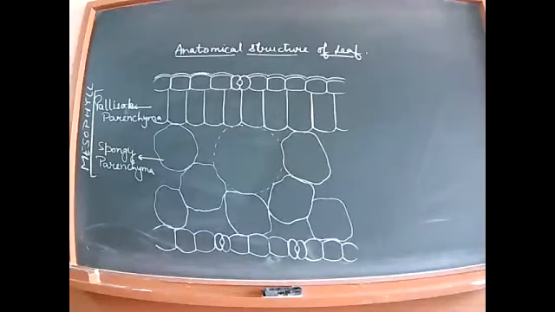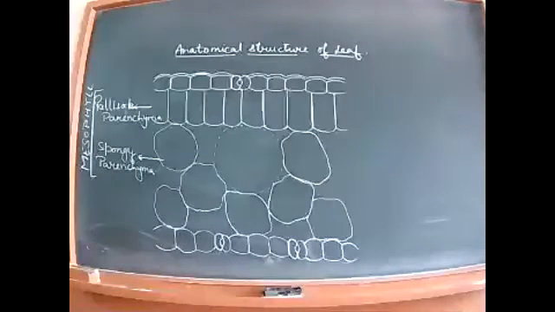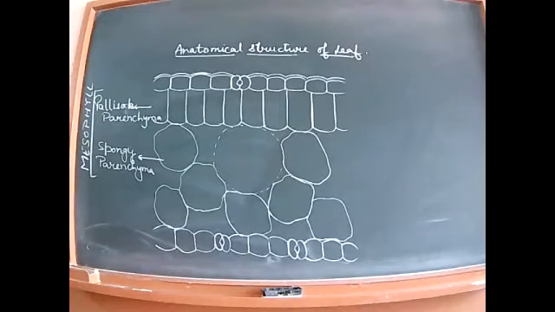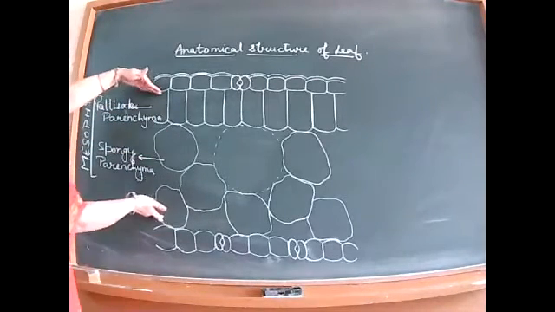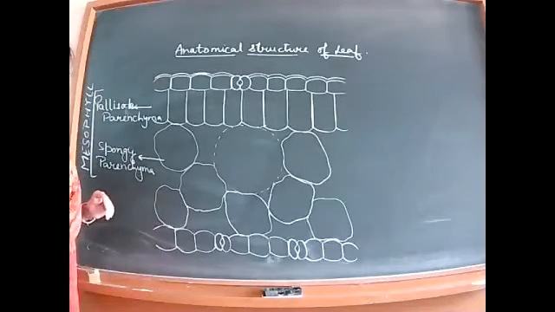That makes the middle layer. In biology, meso means middle. Phyll, P-H-Y-L-L, usually stands for leaf. Meso stands for middle. So this whole structure comprises the middle layer.